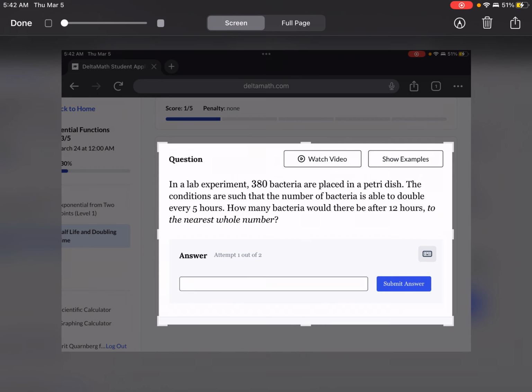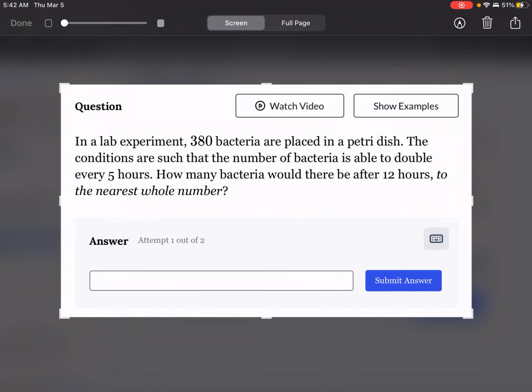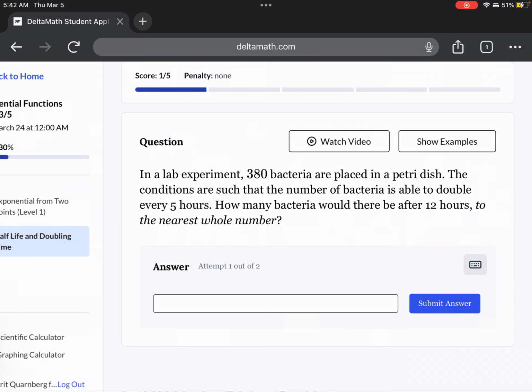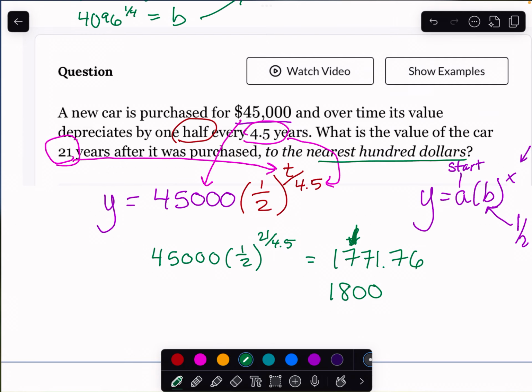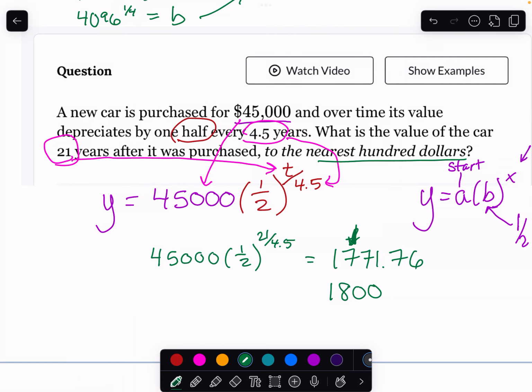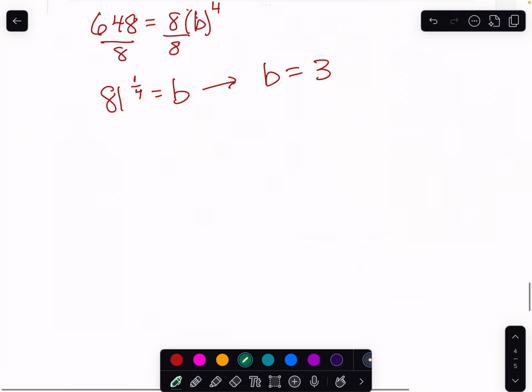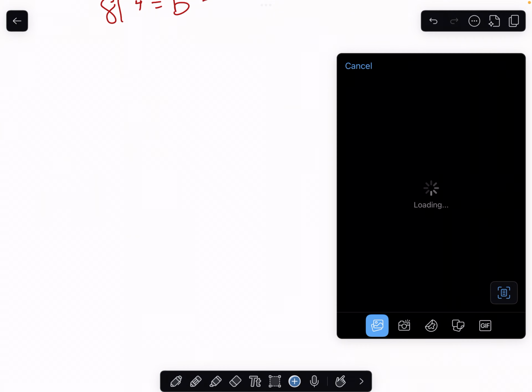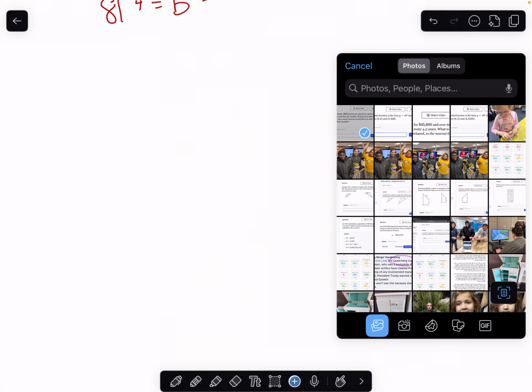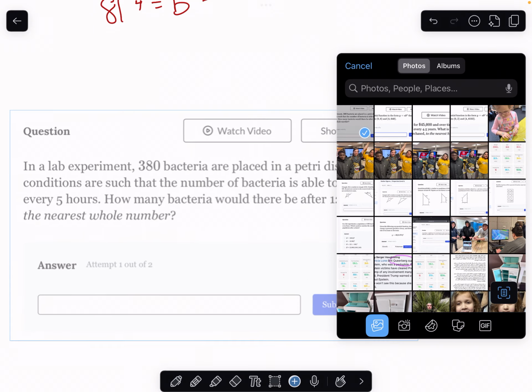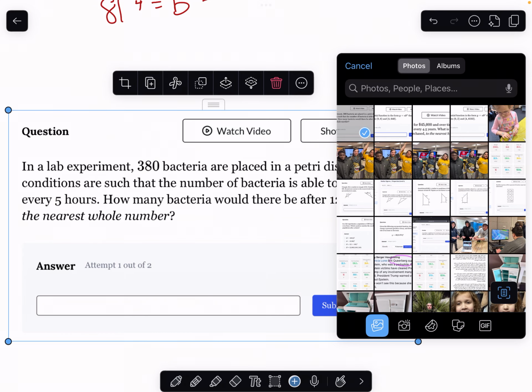And I guess I can leave that whole thing there. Done. Save to photos. And then come back in here. We're going to add a new one. There we go. Okay, so it's almost the same thing, but instead of having 1/2, we're going to have 2.